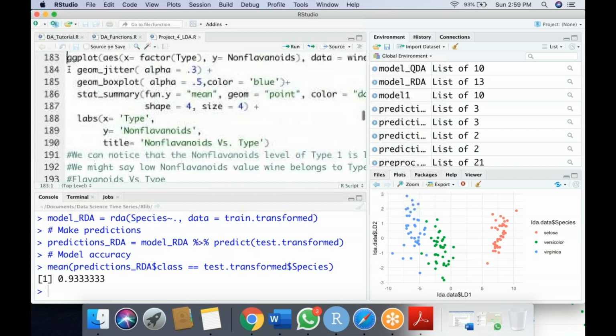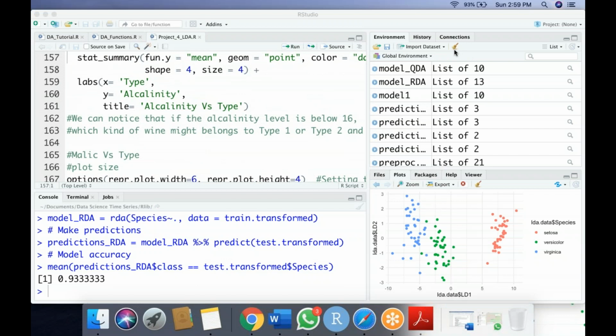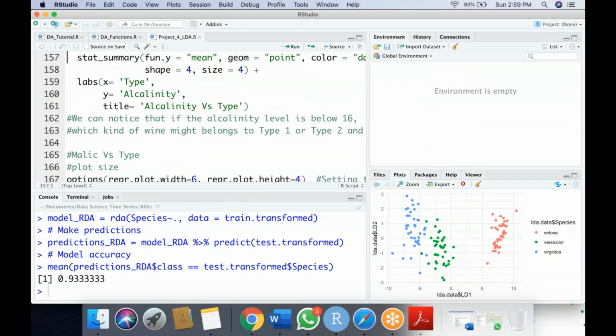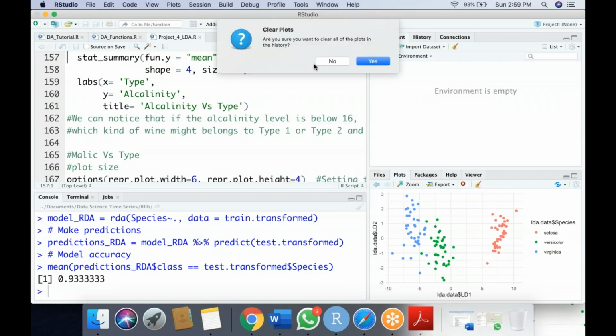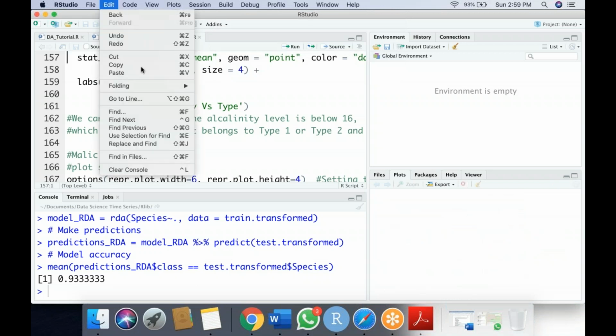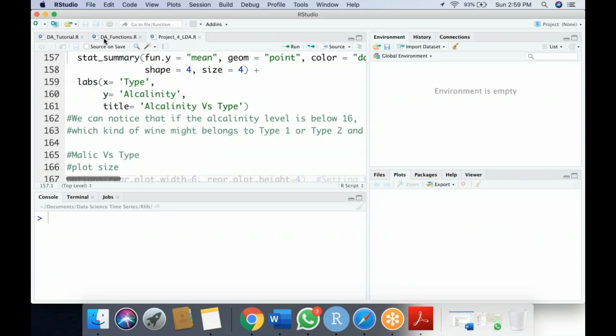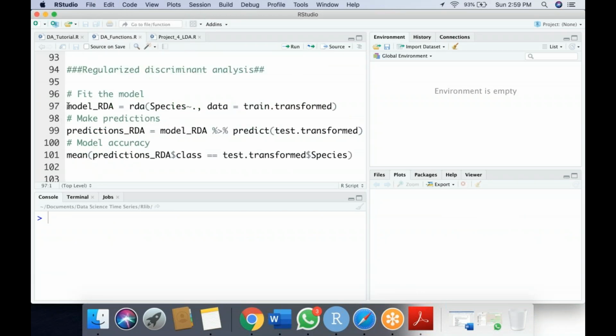So now let's start with our major agenda of the day. Let me clear my environment variables. But you understand clearly one thing, what functions you are going to write for LDA, correct?